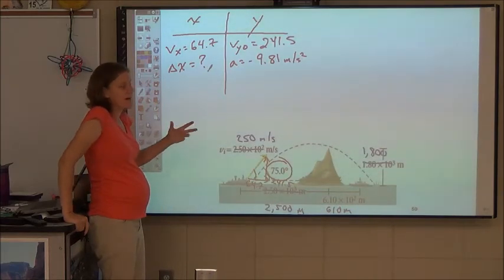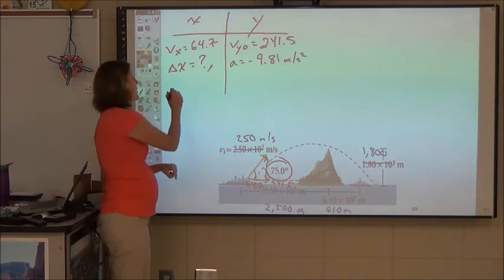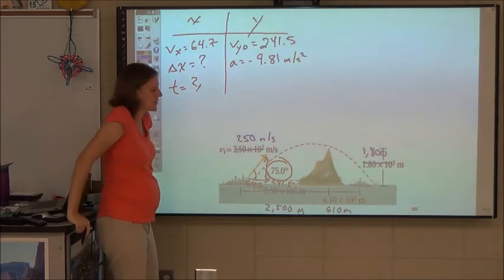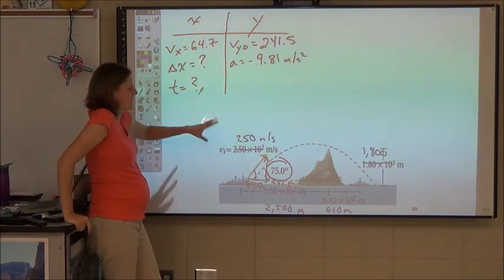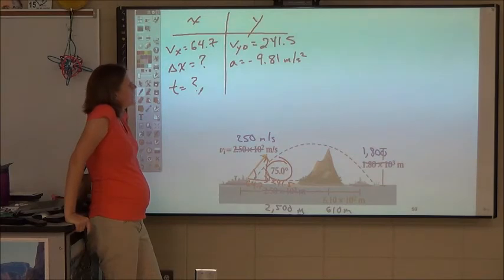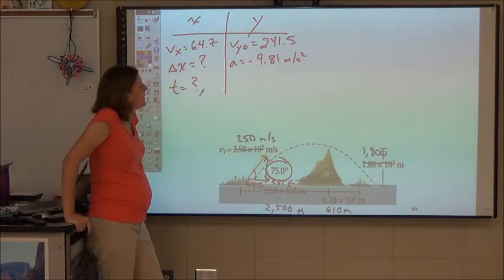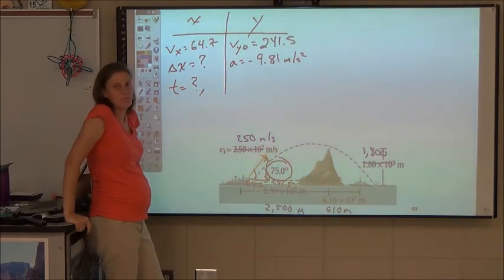And just like the last problem, I could solve this if I just knew the time. If I knew how long this projectile were in the air, then I could solve this problem as to how close it is to the ship. So, for the y information, I've got to figure out the time this projectile is in the air. And you could do two things.